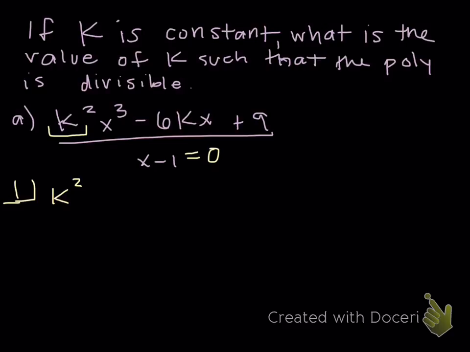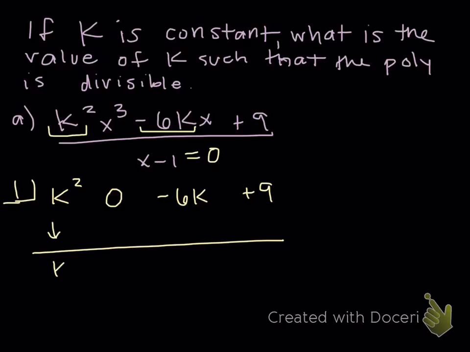Notice going down the line, I'm missing the squared term, so I need to use a 0, which is a placeholder that will skip over the squared term because I'm missing that. Then I have my regular x term, and I have negative 6k x's. And lastly, I have a constant of 9.